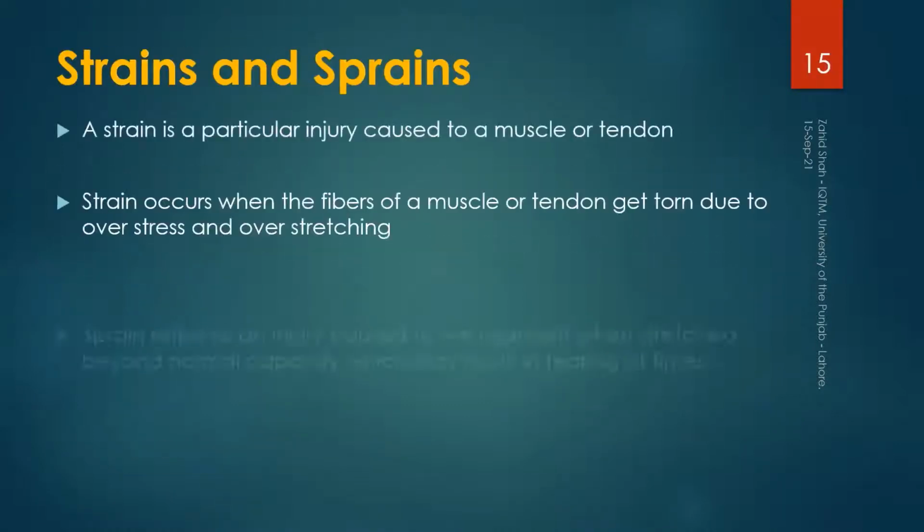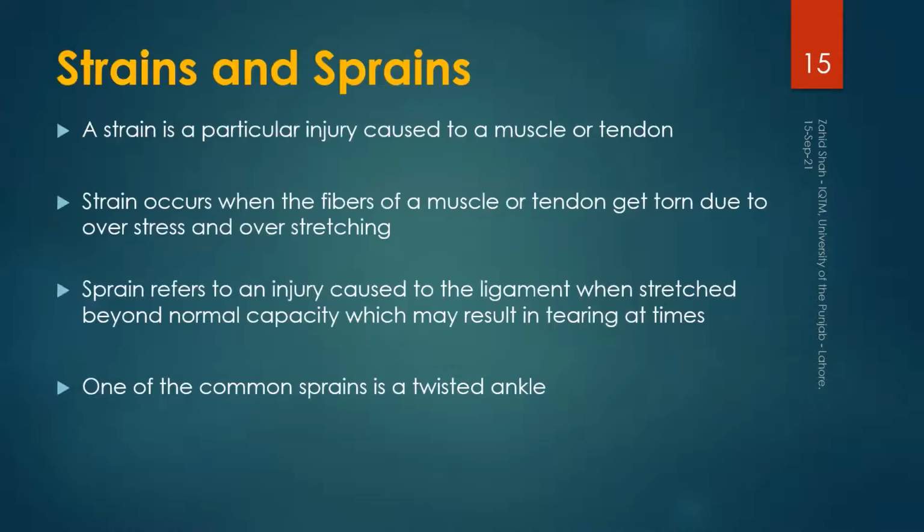First, strains and sprains. A strain is a particular injury caused to a muscle or tendon, the muscle strain or tendon strain. Strain occurs when the fibers of the muscle or tendon get torn due to overstress or overstretching.